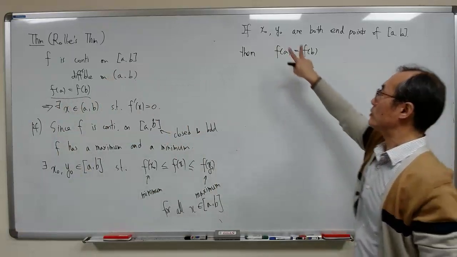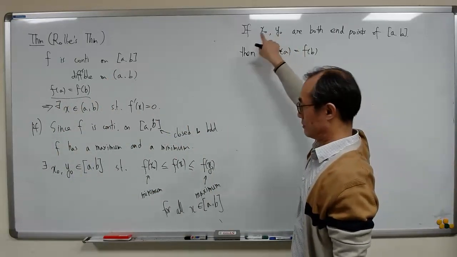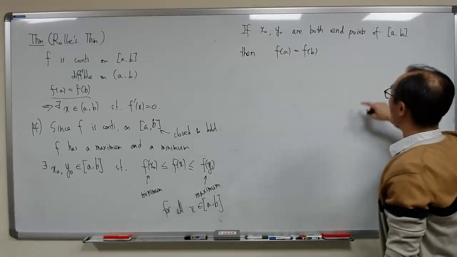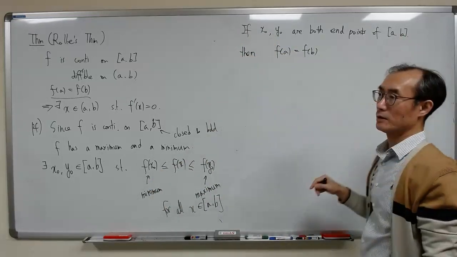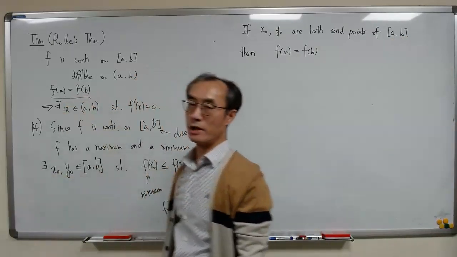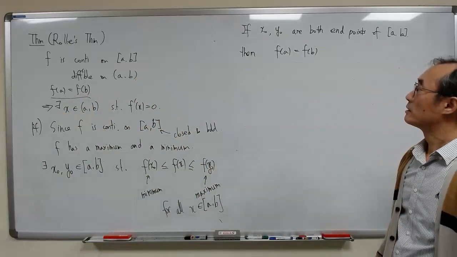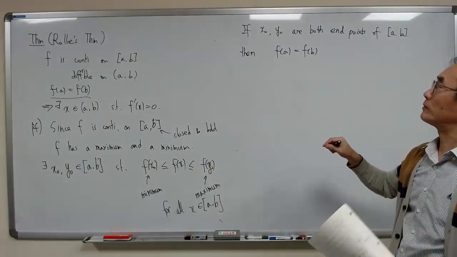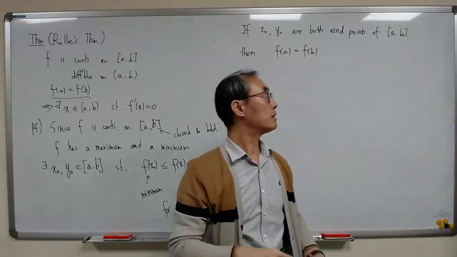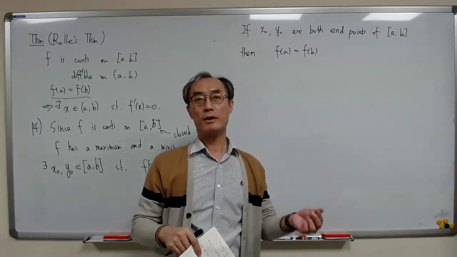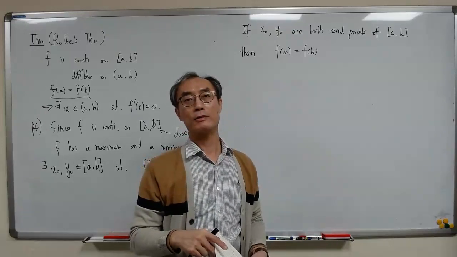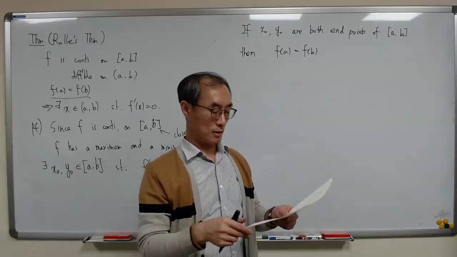If the minimum point and maximum point are both endpoints A and B, and Rolle's theorem assumes those two values are the same, that means the function f over the closed interval from A to B has the same maximum and minimum. The maximum value is the same as the minimum value. That means the function is constant.